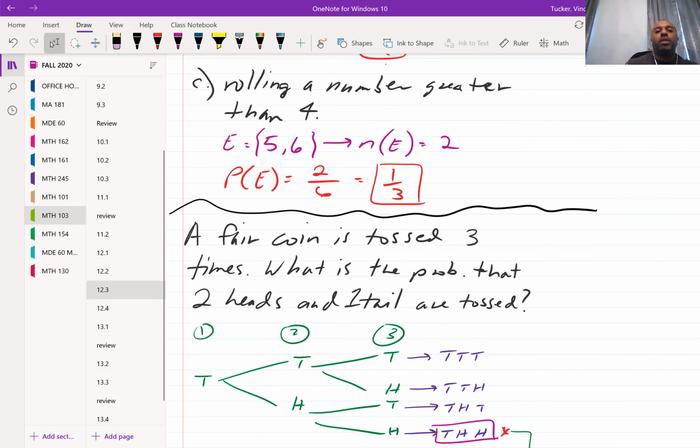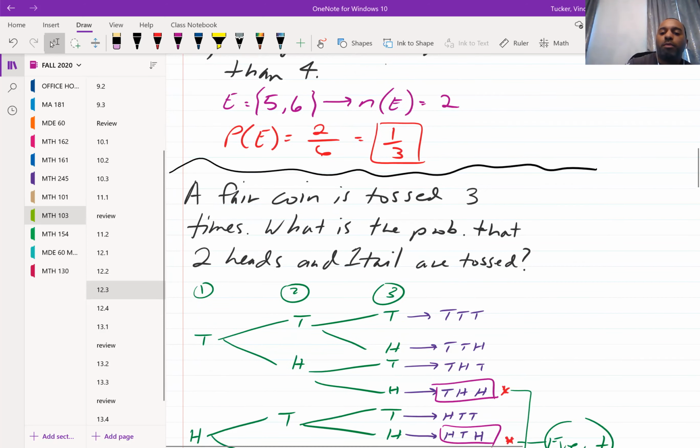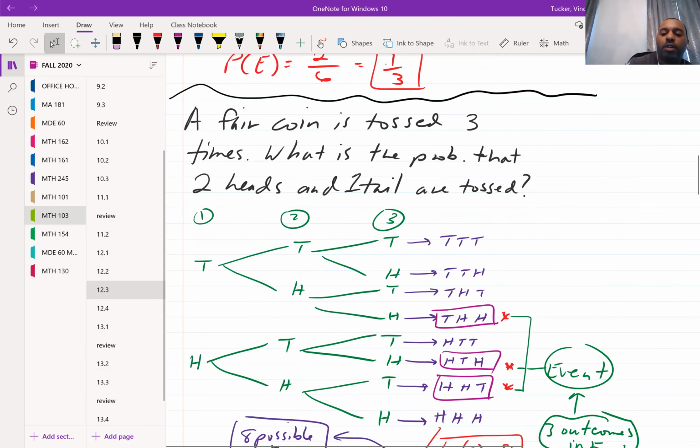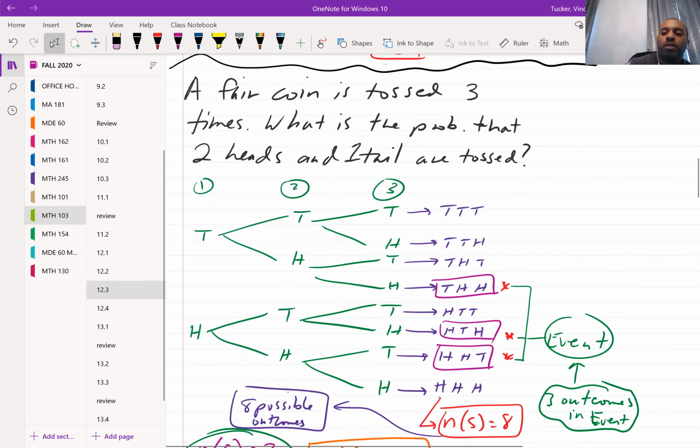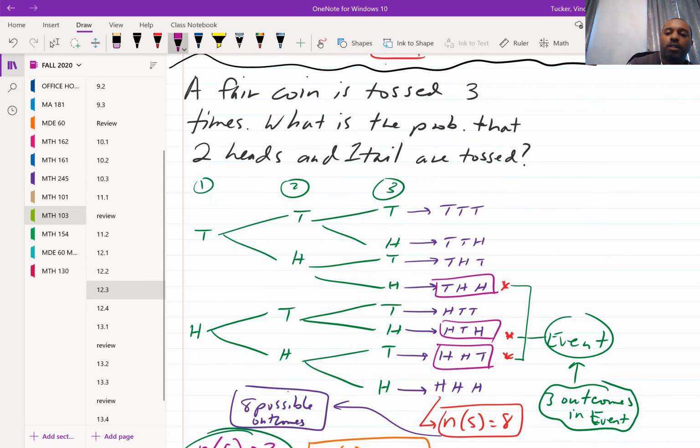All right, so in this next one, a fair coin is tossed 3 times. What is the probability that 2 heads and 1 tail are tossed? Remember we did that tree before with the true false test.